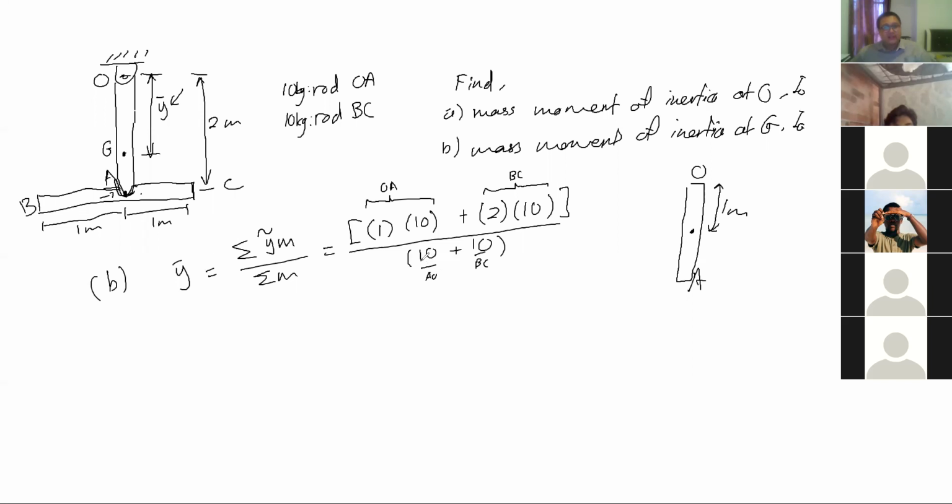Here what you get is 1.5 meter. So your y bar here is 1.5 meter. It is the location of this point G.